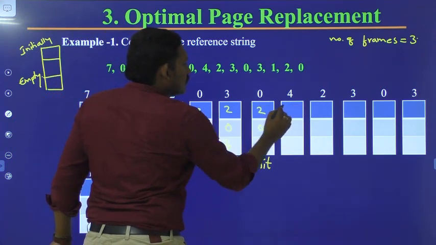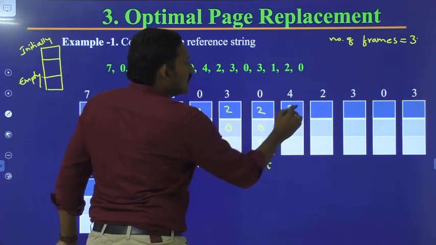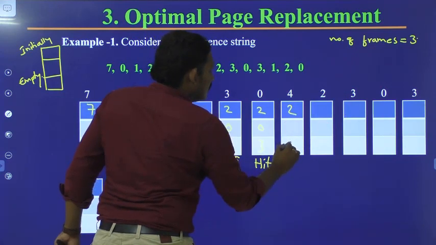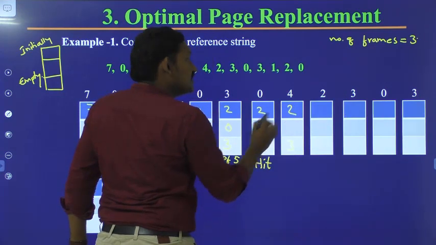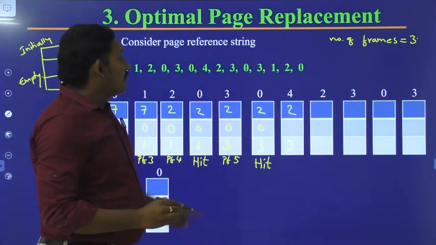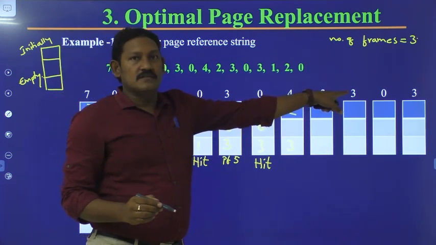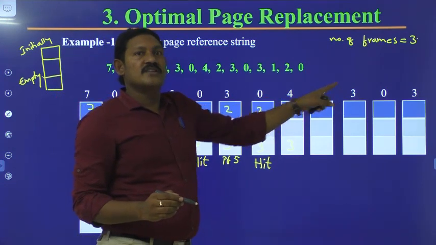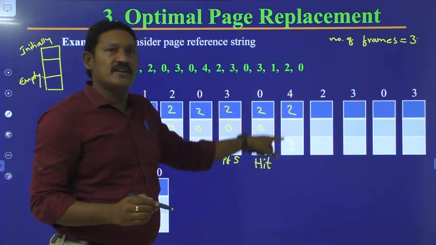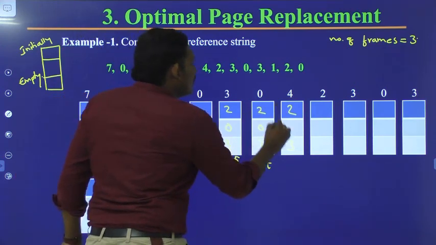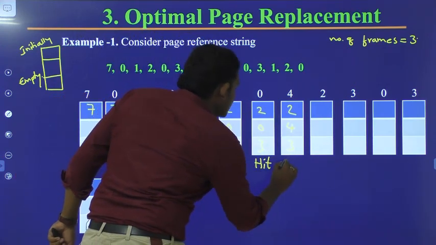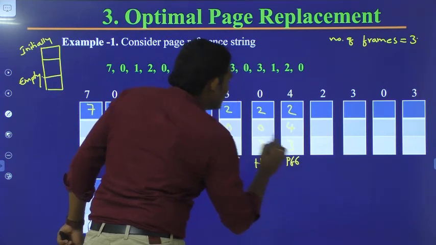We are using 2, so we will keep 2. We are using 3 also. We will keep 3. 0 is also used, but 2 and 3 are used first, before 0. So that's why we will keep 2 and 3. And we will replace 4 in place of 0. So this is page 6.